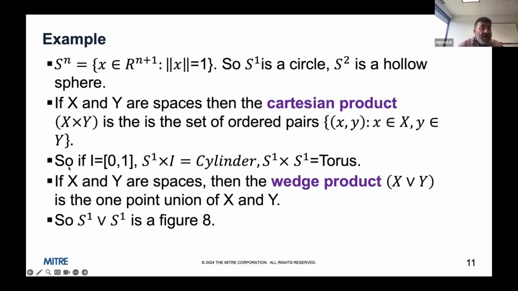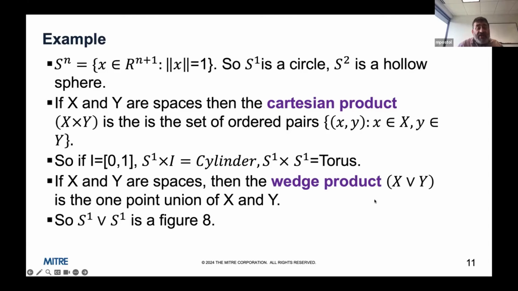From 0 to 1, S1 cross I is going to be putting a line segment at every point of the circle. S1 cross S1, you're putting a circle at every point of a circle, you get a torus, a hollow donut.